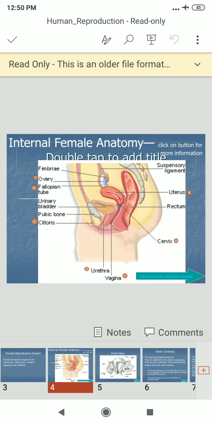You can observe the ovary, cervix, uterus, rectum, then ligaments and the fallopian tubes, and through the fallopian tubes the sperms enter, penetrating the zona pellucida, and it forms the zygote with the female gamete, that is ovum and sperm, and it attaches in the process of implantation naturally.